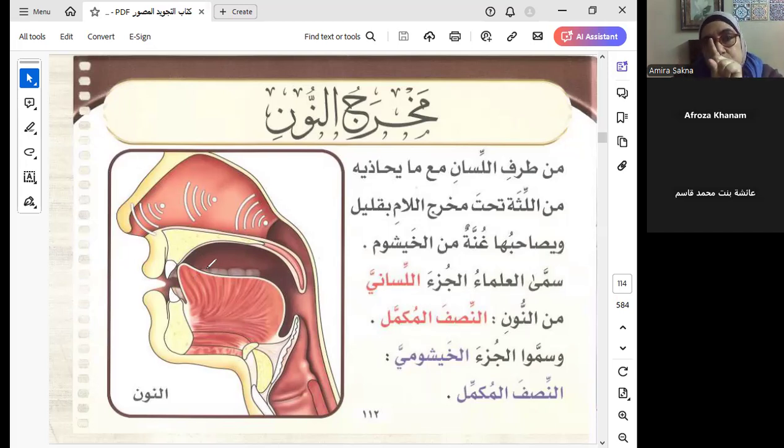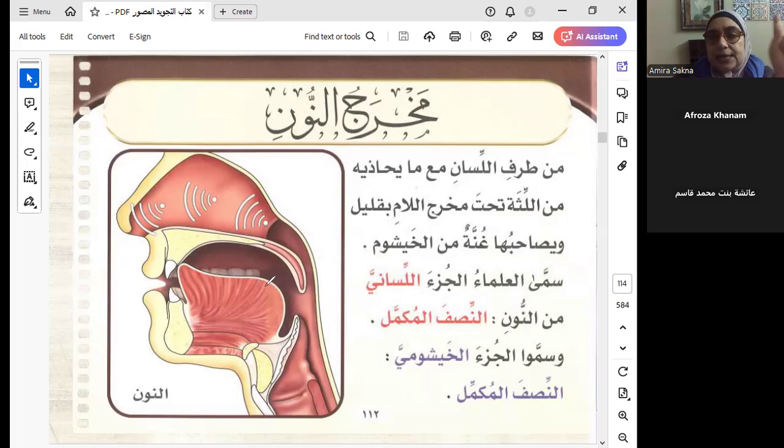The noon sakina or the tanween is going to be fully merged with the following ra, mim or lam, the letters of the word normal. Neither the tongue part nor the nasal cavity is going to work in full merging.